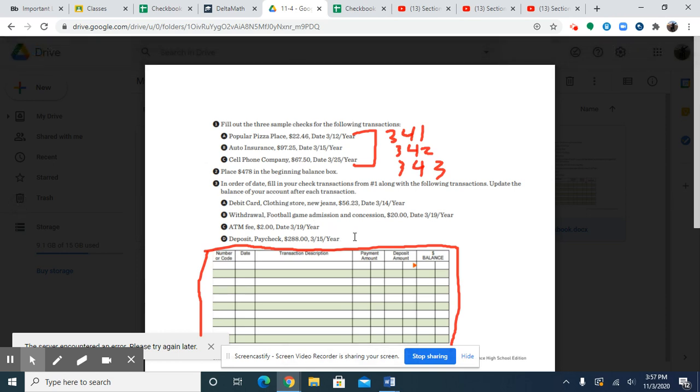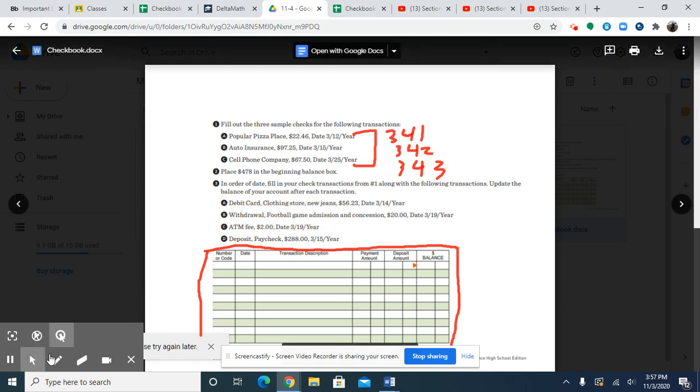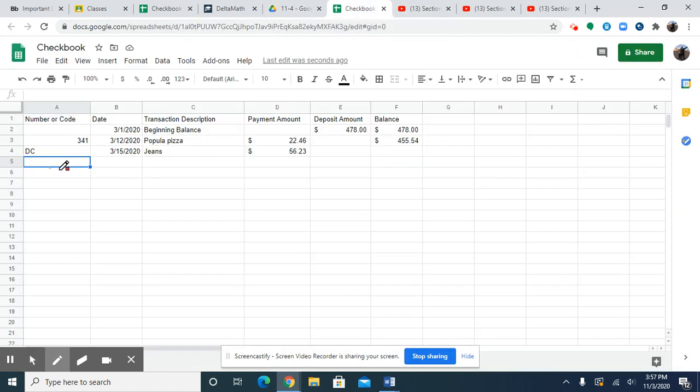Now, whenever we are adding money, for example, with the withdrawal right here, that means that we're withdrawing from our ATM, or the deposit of our paycheck, whenever we're adding money, let's just do that one next. I don't really have a code for that, so I'm not going to put anything, but we're going to put 3/15/2020.